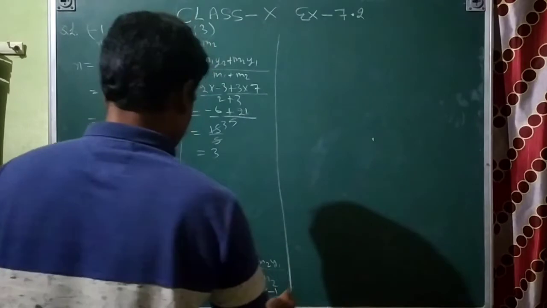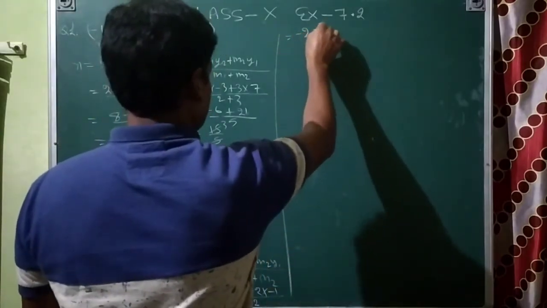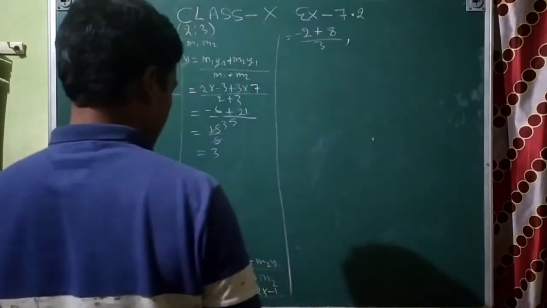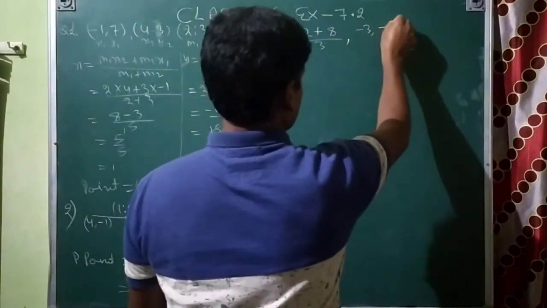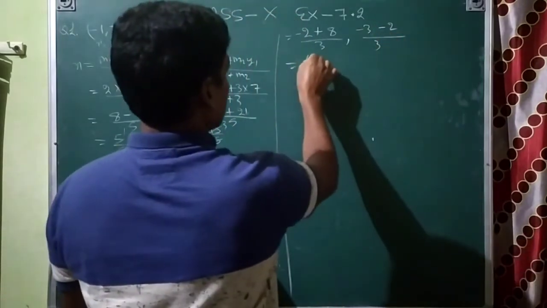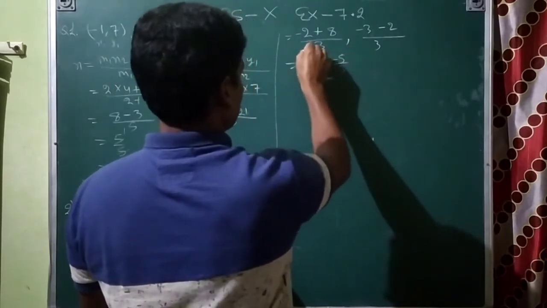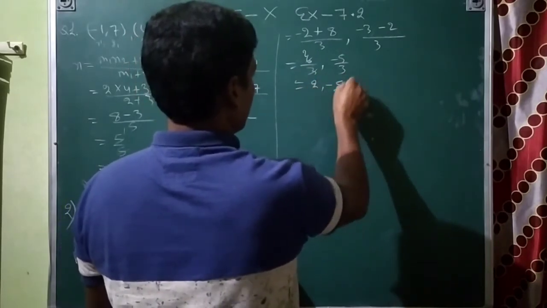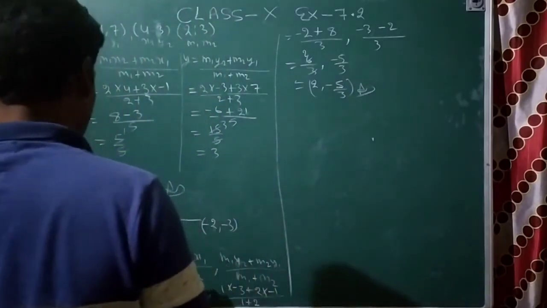So -2 plus 8, that is 6 upon 3, that is 2. And the second is -3 minus 2, that is -5 upon 3. So the point is (2, -5/3). That is the P point.